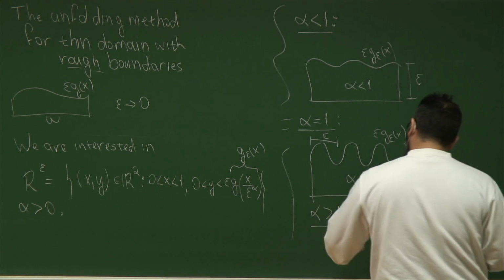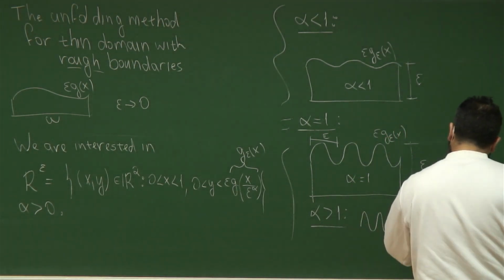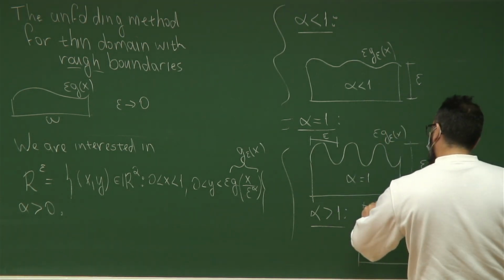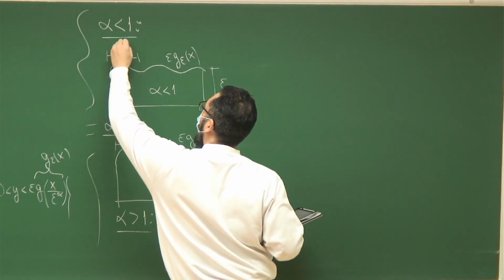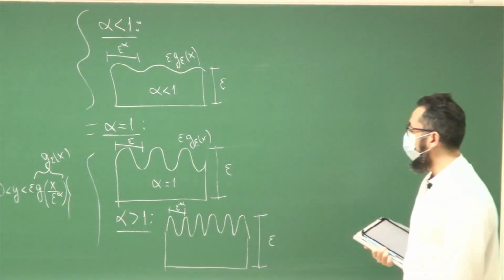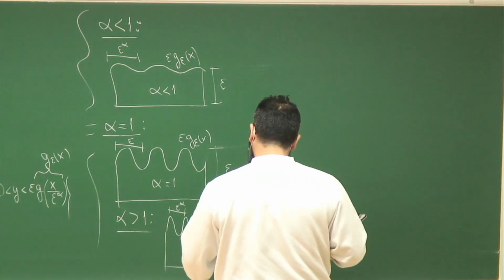So, in this case, what happens now? The order of oscillation is this for alpha. Of course, here also is the same. And this is of order epsilon. In this case, what happens?